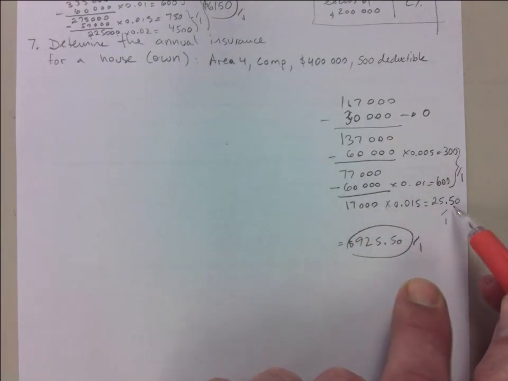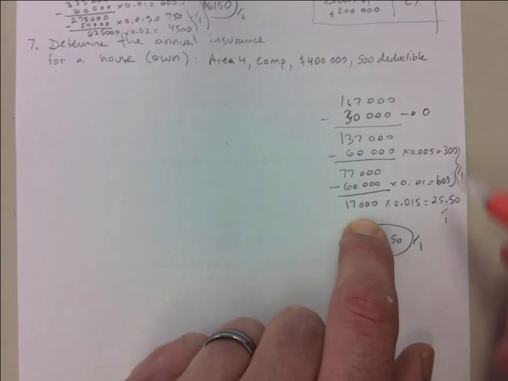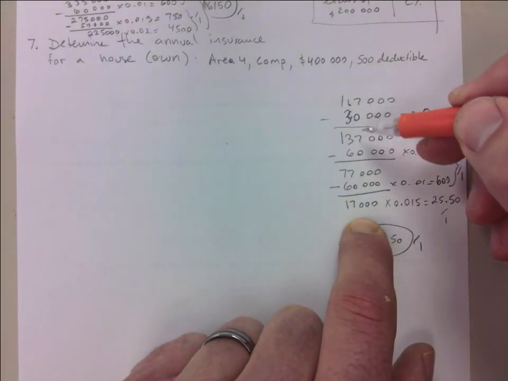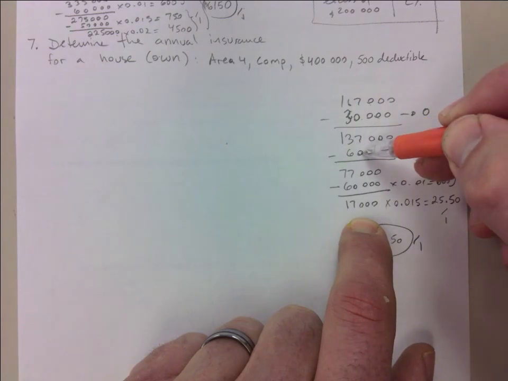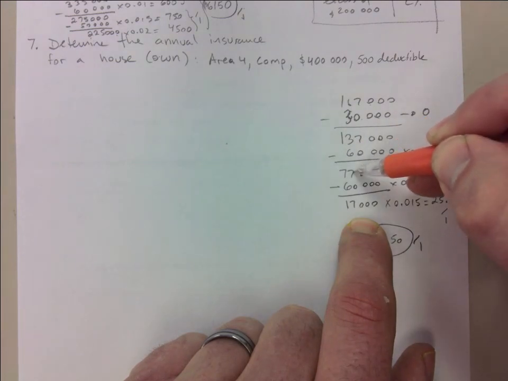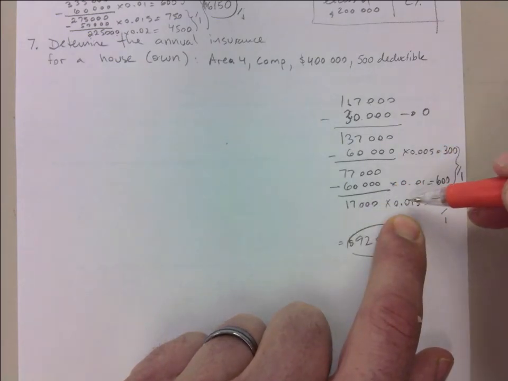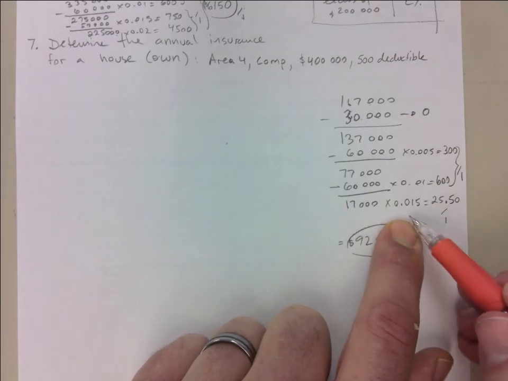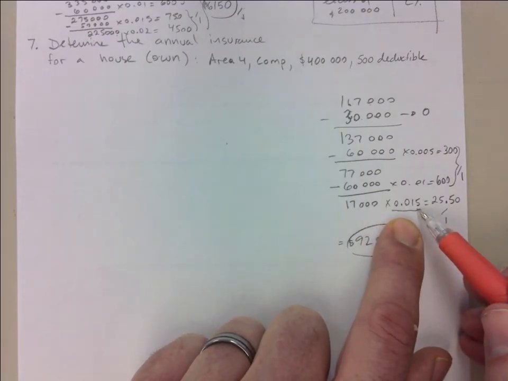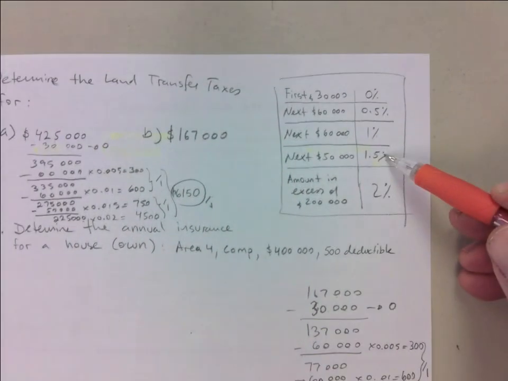This last part is wrong? So let's see, this minus, make sure you turn it into a 0.015, right? Because it's 1.5%.